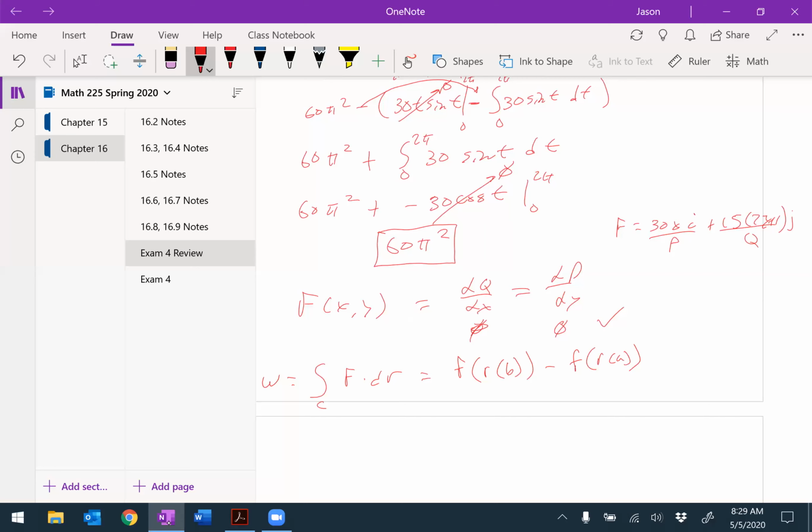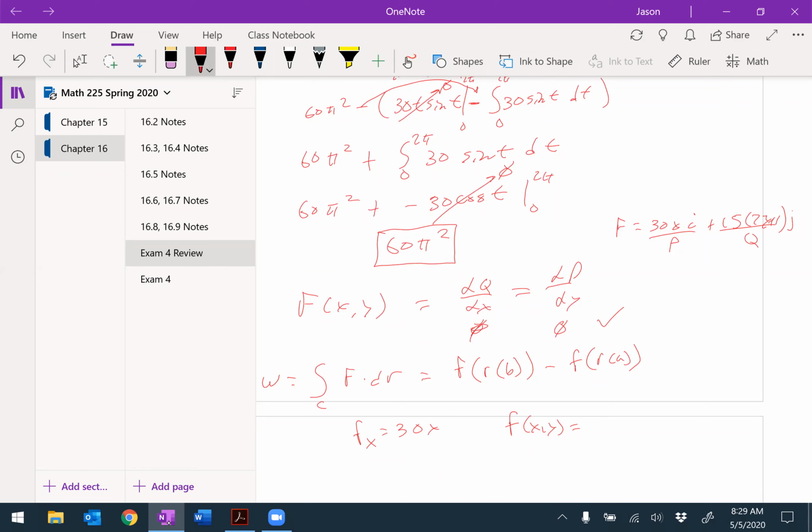And so we just need to find what that little f function is. So if f sub x, the partial with respect to x, was equal to 30x, then what would be the f of xy function here, the parent function?